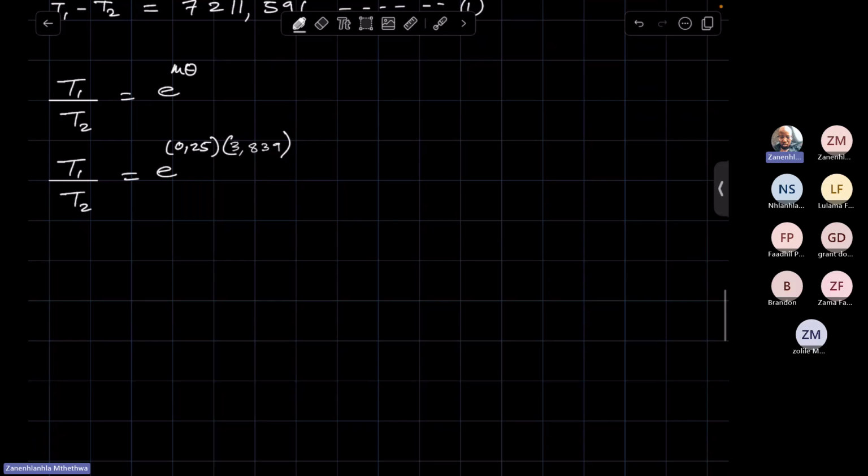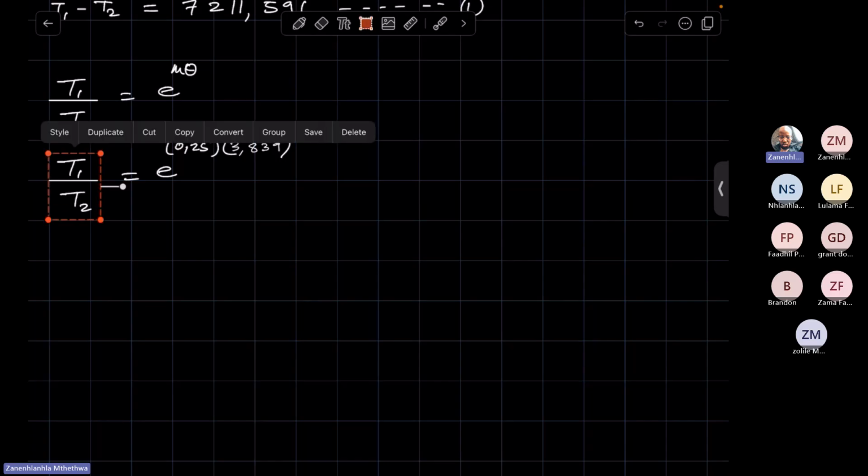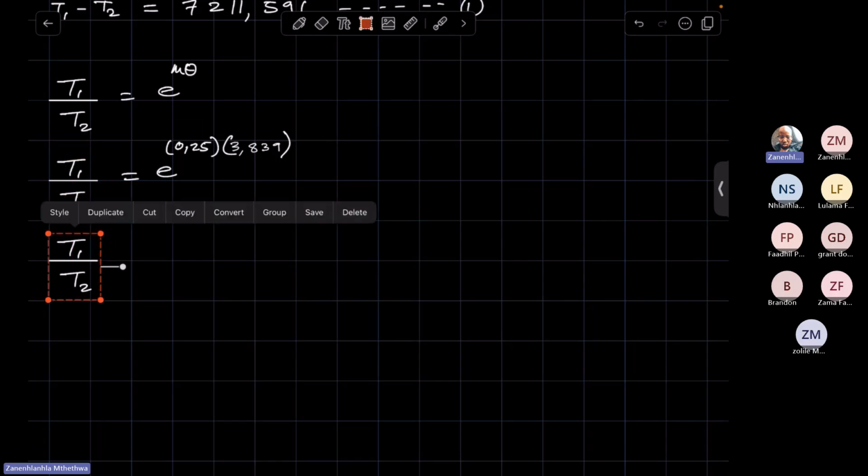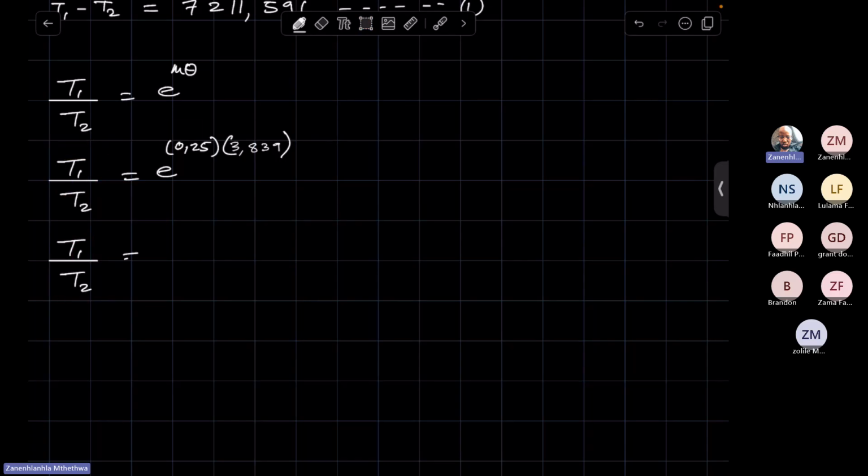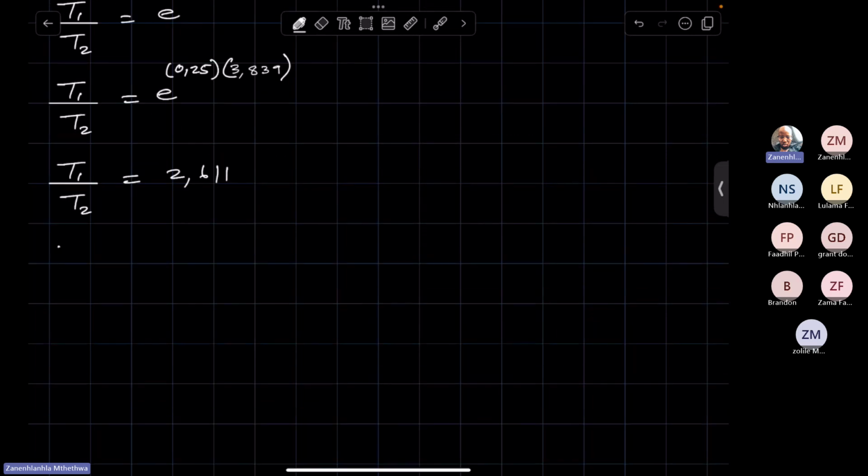So the right-hand side, essentially we have T1 over T2 is equal to e to the exponent 0.25 times 3,839, which is equal to 2,611. Now you cross multiply, therefore meaning T1 will then be equal to 2,611 T2, then now this you take as equation 2, right?